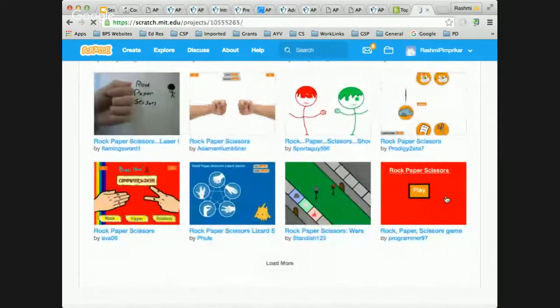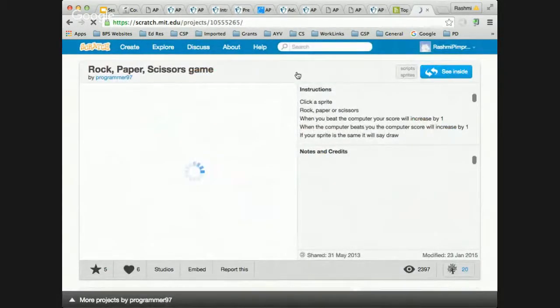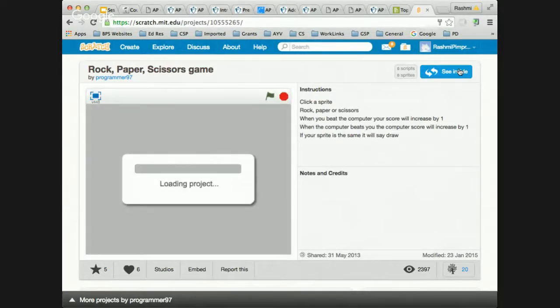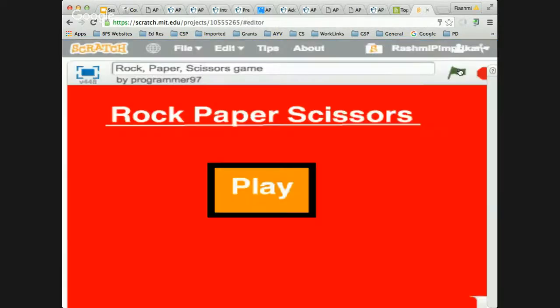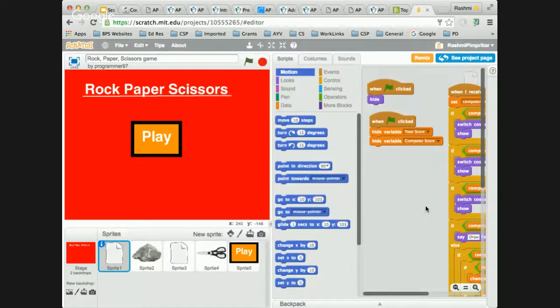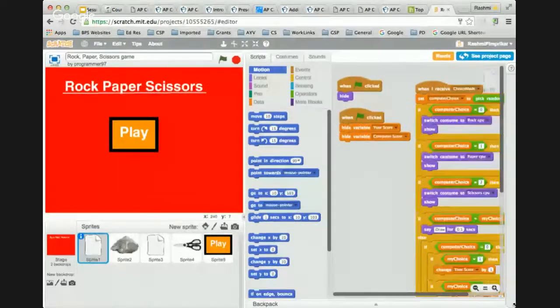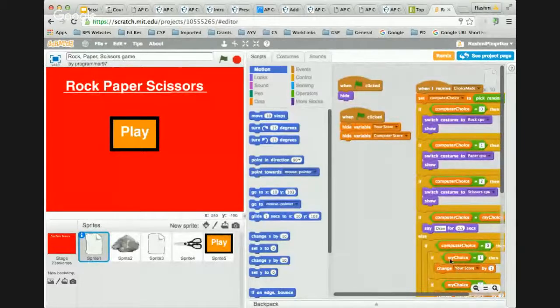So for example, let's look at this program. When you click on See Inside, okay, let it load. It gives you how it was structured. And in this case, the conditional statements used are if else.